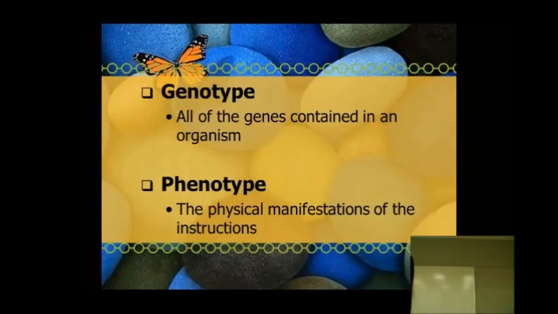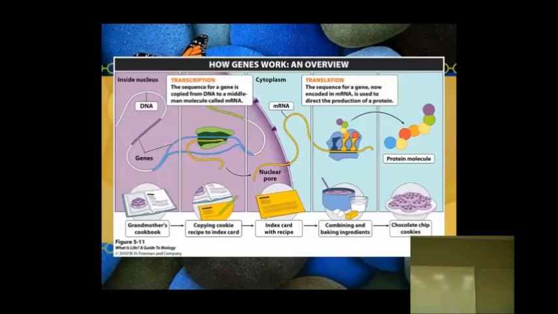And if big B, little b stands for brown hair, then the phenotype is brown. And if you have little b, and that codes for blonde hair, then blonde is the phenotype, and the genotype is the genes. Sometimes it's easy to get those mixed up.